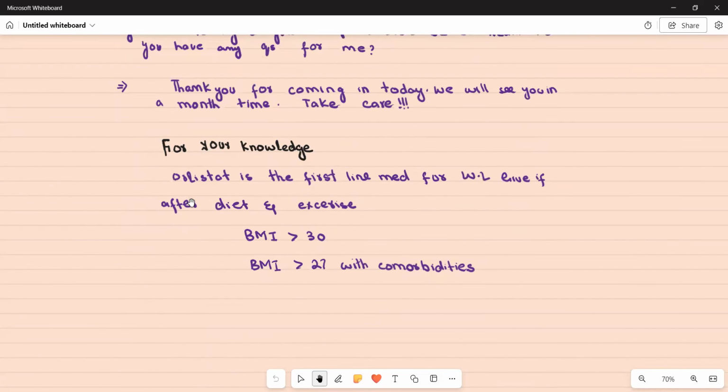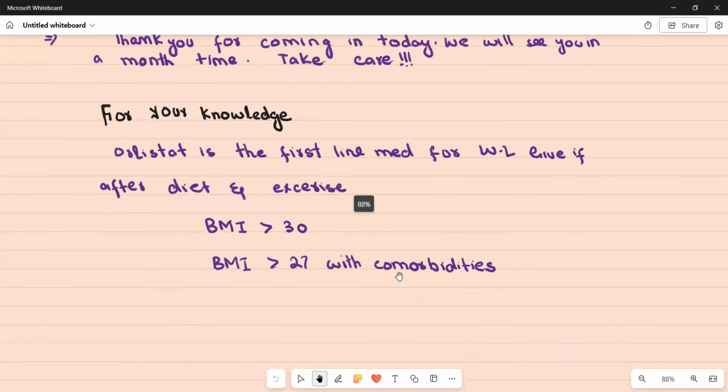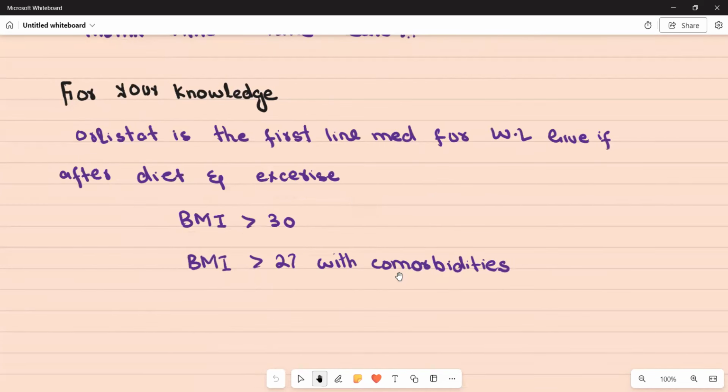When you start a patient on diet and exercise program and they are following their diet and exercise program, but still after strict diet and exercise, their BMI is more than 30 or their BMI is more than 27 with comorbidities, comorbidity means that they have diabetes or hypertension or ischemic heart disease or osteoarthritis, so complications of obesity, then you can start them on orlistat.